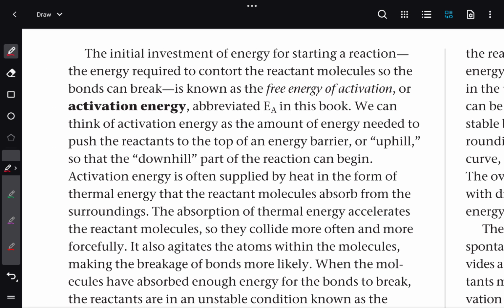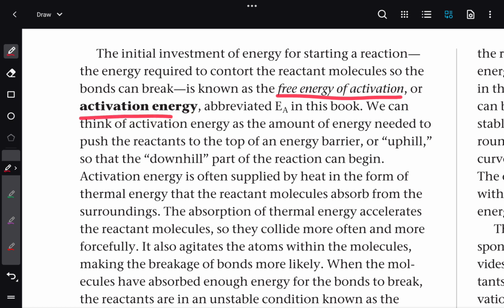The initial investment of energy for starting a reaction, the energy required to contort the reactant molecules so the bonds can break, is known as the free energy of activation, or activation energy, E A.